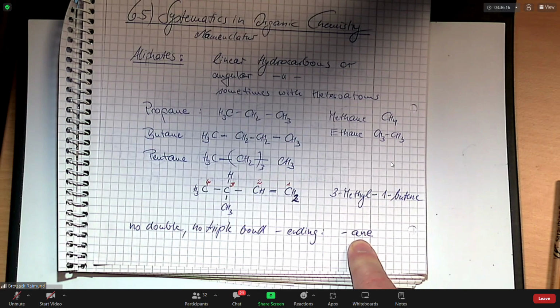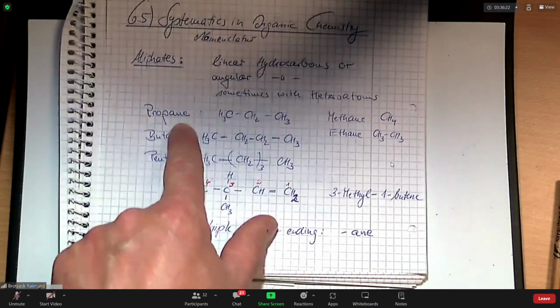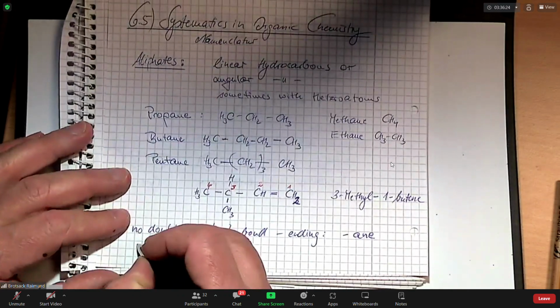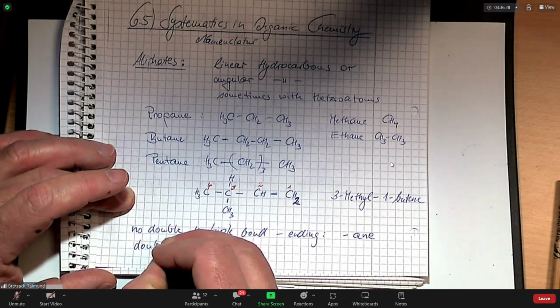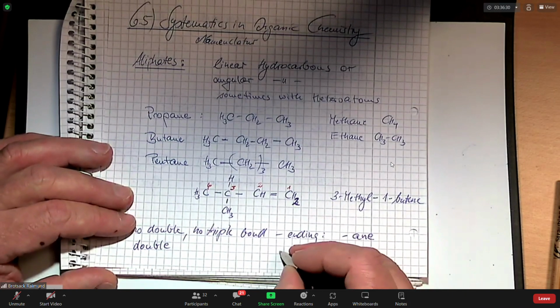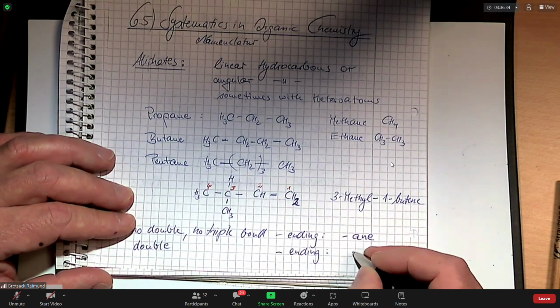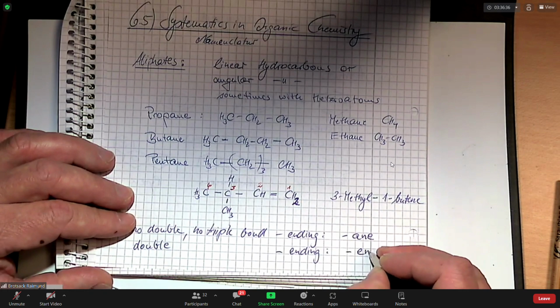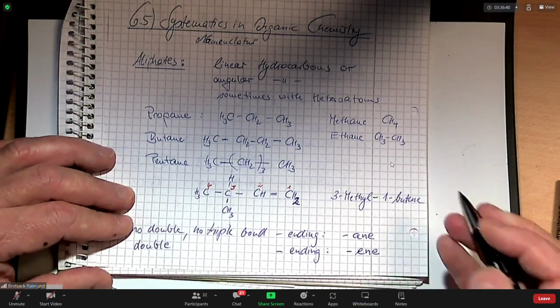Okay, this is just a random sentence, only the aim of the ending of the number, propane. Other aliphates have one, when we have a double bond, 1, 2, 3, maybe even more, then the ending of these aliphates is -ene. Butene.